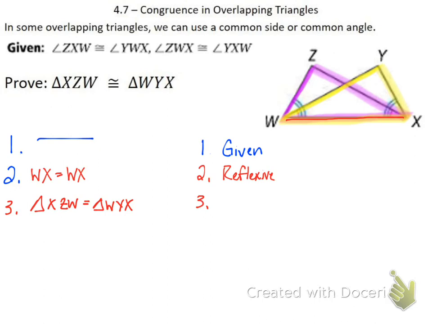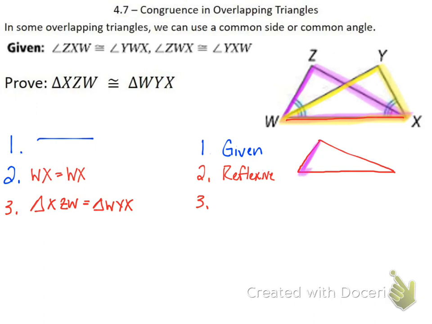Sometimes when they're together, it's hard to see where the angles and sides are because it looks like a hot mess right now. So I'm going to draw these so that they are pulled apart from each other, underneath the picture.